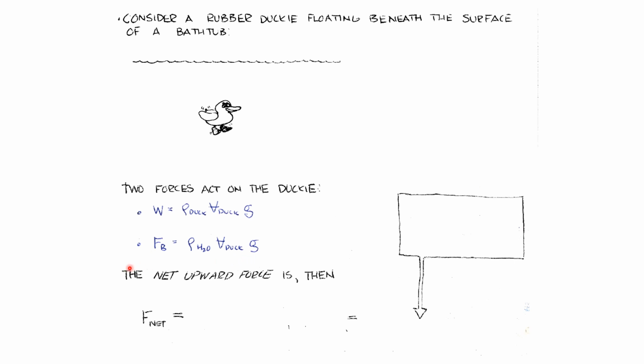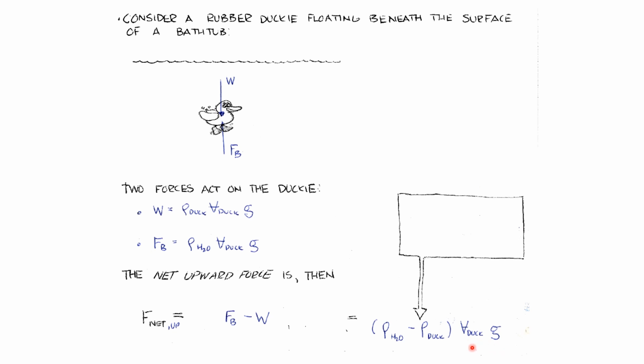If we look at the net upward force, that is, taking this buoyancy force, which is acting up, and subtracting from it the weight of the duck, the net upward force acting on our rubber duck friend would be F_B minus W. When we substitute these expressions in there, since it's the same volume and g in both of those, we get (rho water minus rho duck) times V duck g.